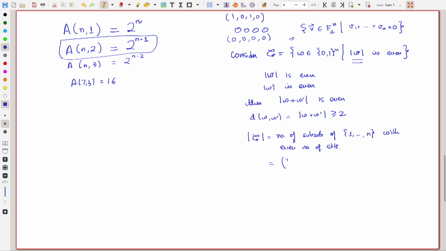So that is n choose 0 plus n choose 2 plus n choose 4 plus so on. And this is actually half of n choose 0 plus n choose 1 plus so on. I will leave that for you to think about. But if n is odd, then it is not quite symmetric.